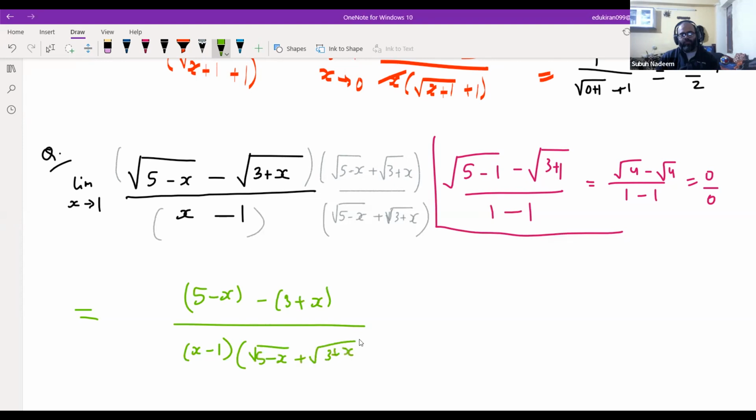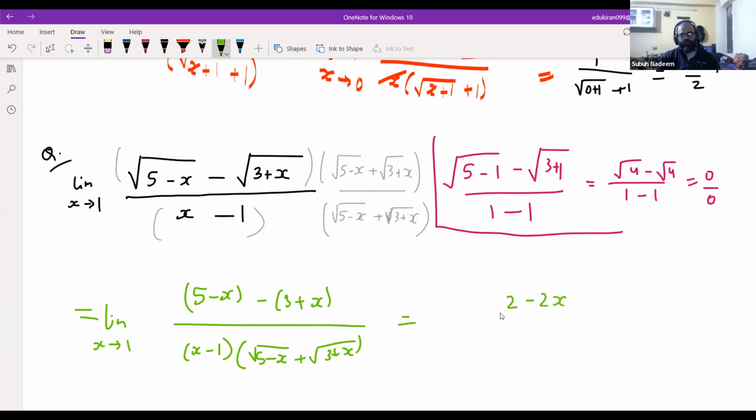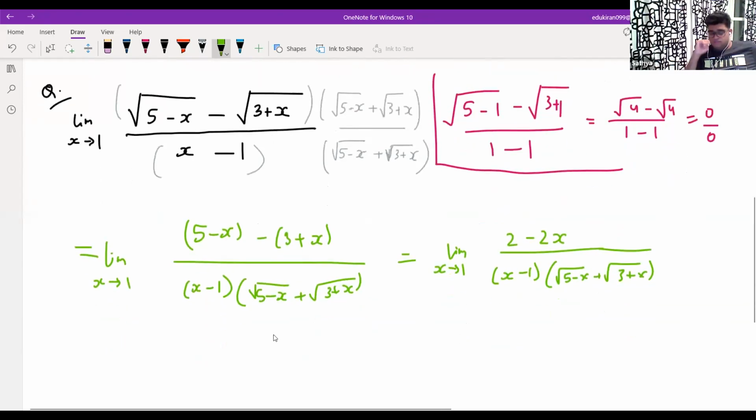Fine. The next step I got as 2 minus 2x divided by the same thing, x minus 1. Okay. After this, I didn't get.